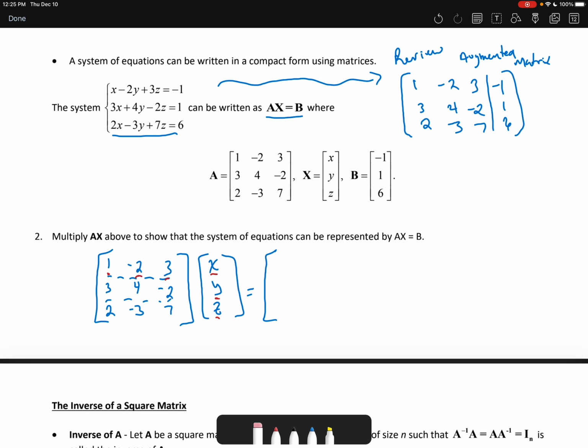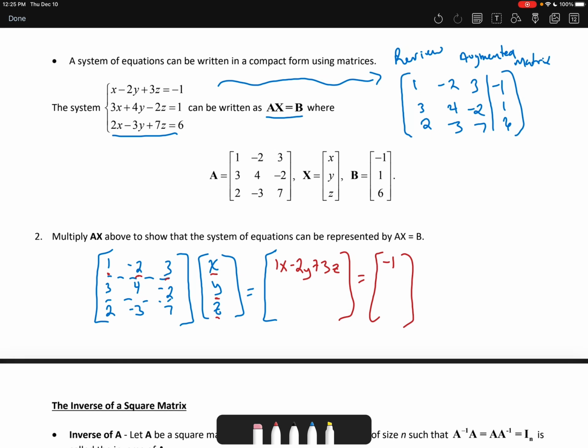Sorry, let me go back, I would get 1x minus 2y plus 3z, and we know what that equals. We know that particular equation equals negative 1.